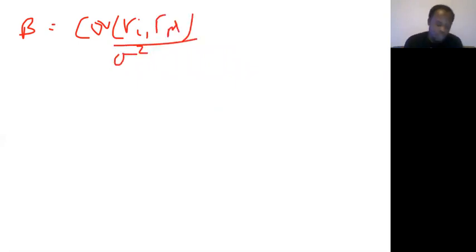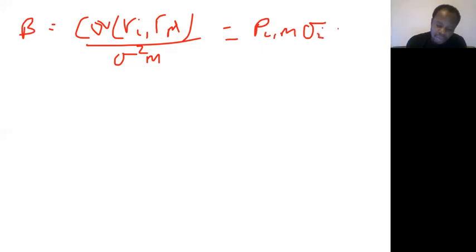Now, what's the formula for beta? Beta is equal to the covariance of the return on I and the return on the market, all over the variance of the market. Great. So first of all, the covariance is the same as the correlation of I and the market multiplied by the volatility of security I and the volatility of the market, all over the variance of the market.